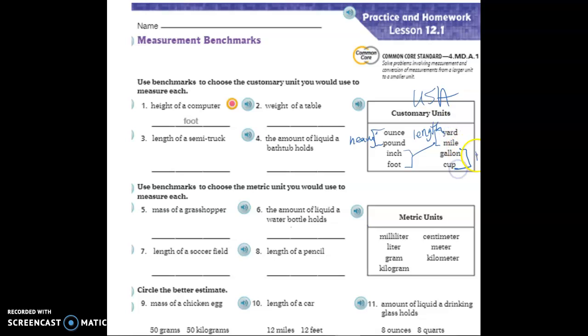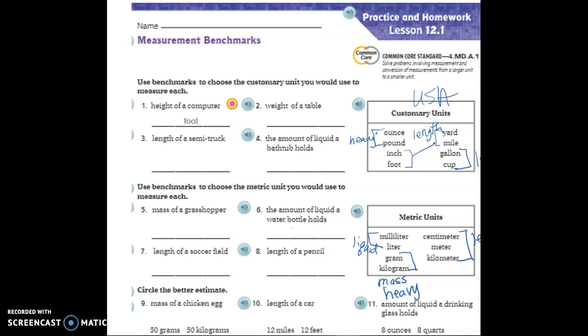And these two right here, liquid. Okay, these two right here, liquid. Gram and kilogram. Mass, or how heavy. And this is length.